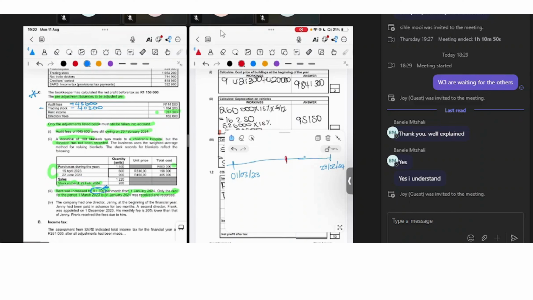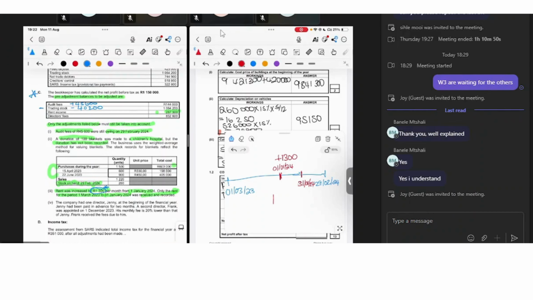The increase happened on the 1st of January 2024. We added 1,300. And then we received rent up until the 31st of January 2024.